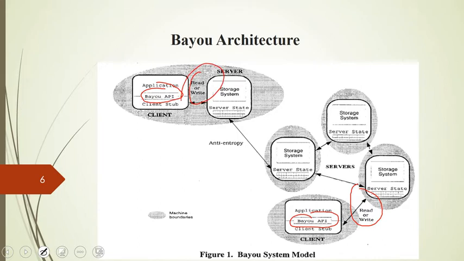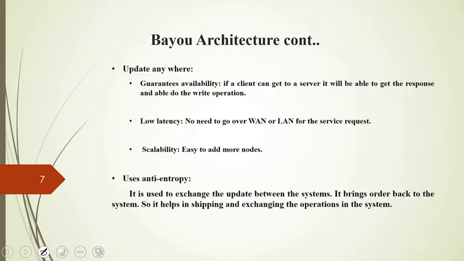This is the basic system model of Bayou. Let us consider the Bayou architecture in much more detail. In Bayou, if we want to update anywhere, there are certain trade-offs in terms of semantic guarantees which it can provide for the data in the database, and it will guarantee availability.